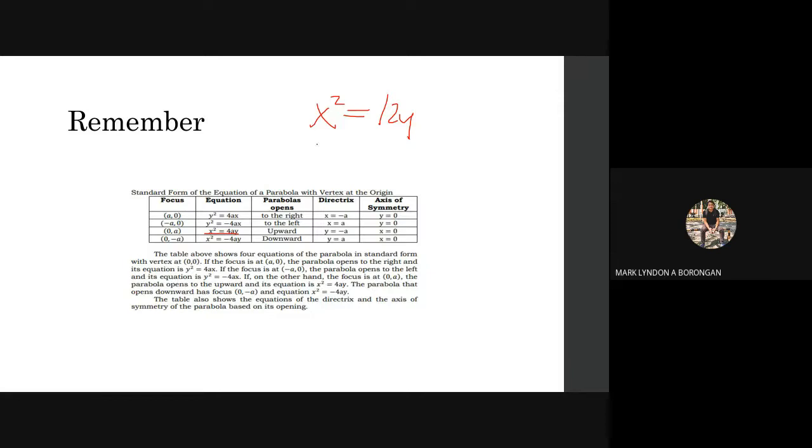So this x squared, 4a, so what we do is divide 12 by 4.